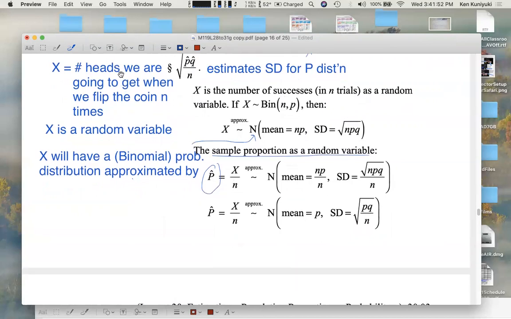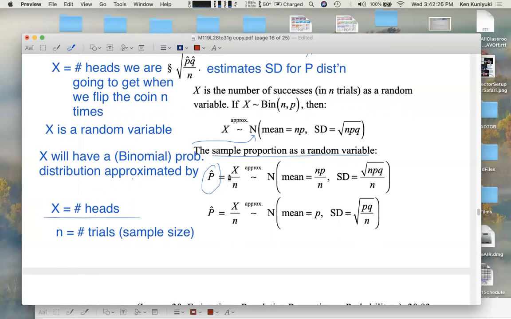We get X, which is the number of heads, and we divide that by little n, the sample size or the number of trials. So for example, if we eventually end up with 60 heads on 100 flips, then P hat will end up being 0.6 or 60%. But again, P hat is a random variable before we flip the coin.